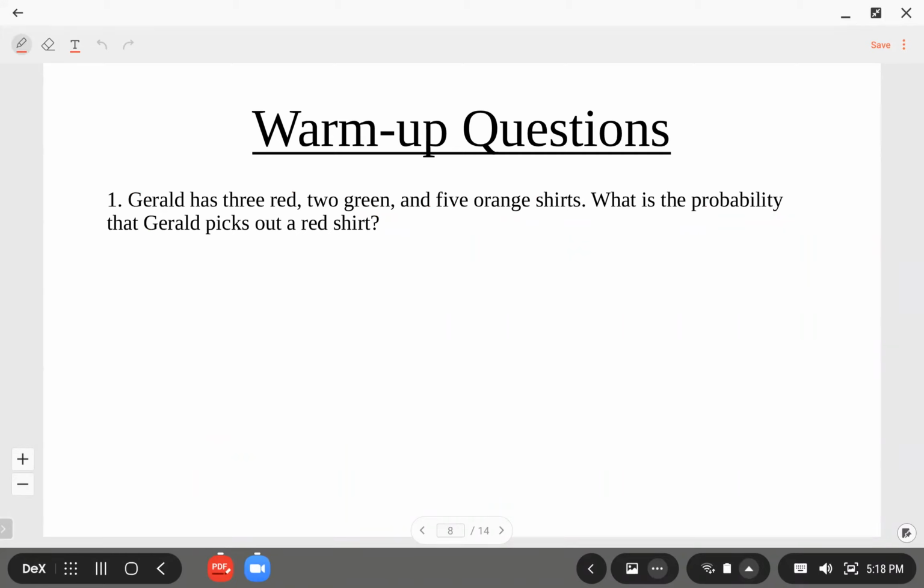Now, these warm-up questions are quite easy, so I expect everyone to get an answer that is correct or pretty close. If you do not get a lot of them correct, then I'll have to write out another question like this. Make sure you know how to do it, as this is a very common one. The shirts one, very common.